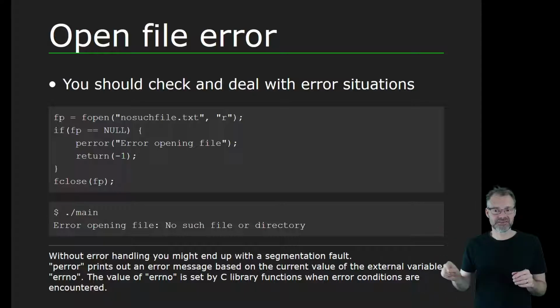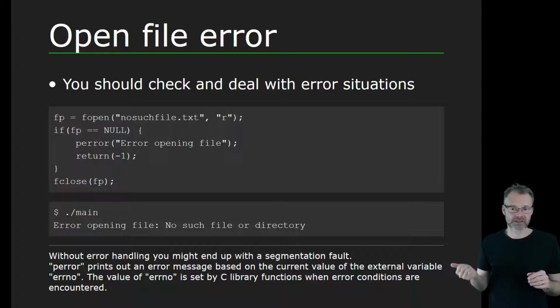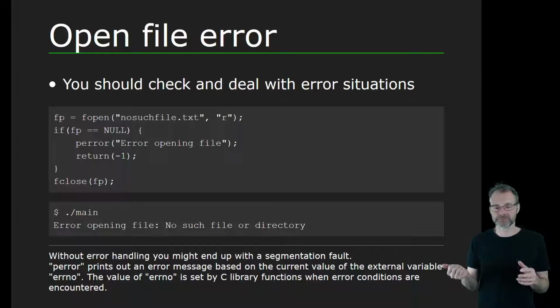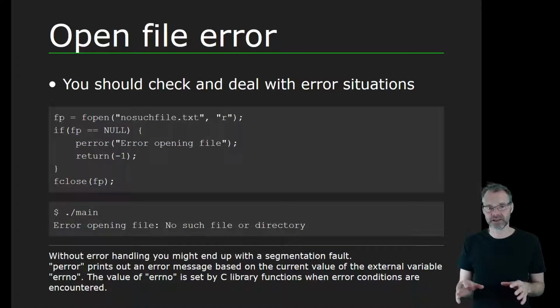You see down here that perror is a generic error message printer, and it prints the current value based on the external variable called errno. The value of errno is set by any C library functions when some error conditions are encountered. So this is good to use for any type of errors we could encounter in our C programs.